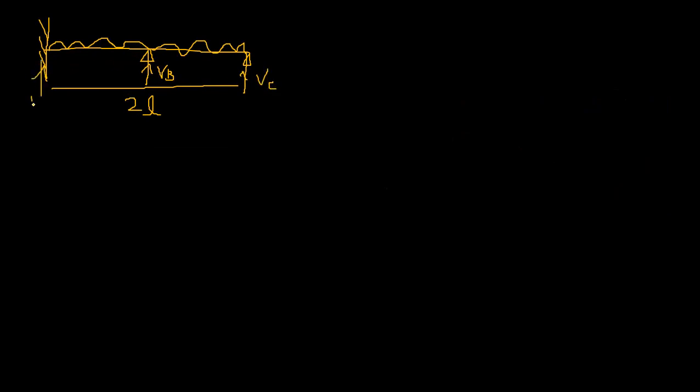So this is the original structure with W load, and this is 2L, and here you have VB, and here you have VC, and here you have VA, and here you have MA.